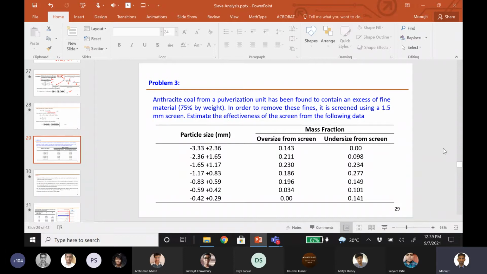Whatever weight of undersize and oversize you get, you are in a position to comment that this is the ideal situation and this is the actual I am getting. Ideally, the screen should have 3 kg of oversize and 2 kg of undersize, right? If the efficiency is 100%, because you know how many 1.5 size particles are in the feed. Then you take the actual weight, and from this ideal and actual weight, you are in a position to comment on the efficiency.